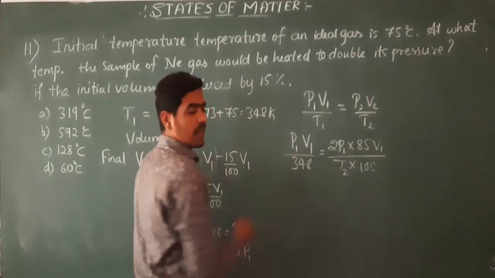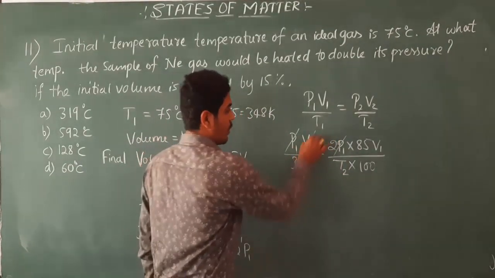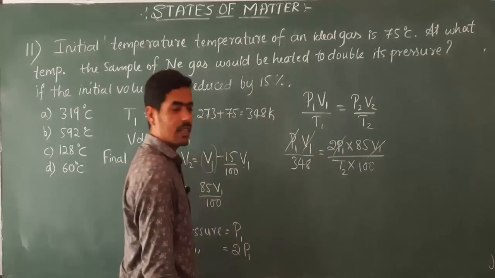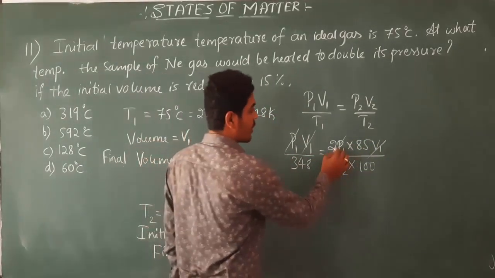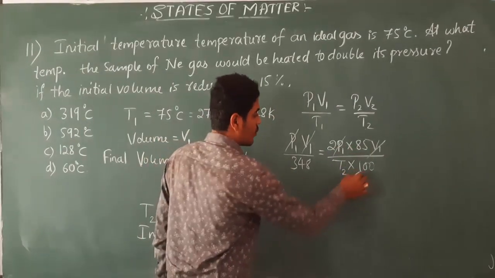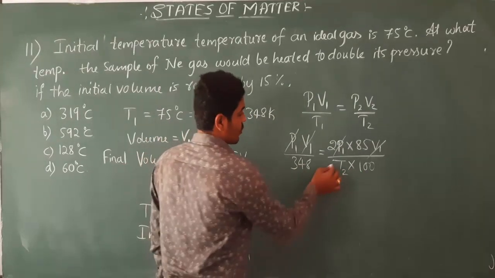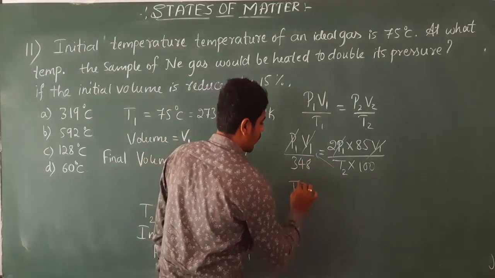Now simplify this. P1 gets cancelled, V1 gets cancelled. What will remain? 2 into 85 divided by T2 into 100, and here 1 divided by 348. So simply cross multiply this. What you will get?